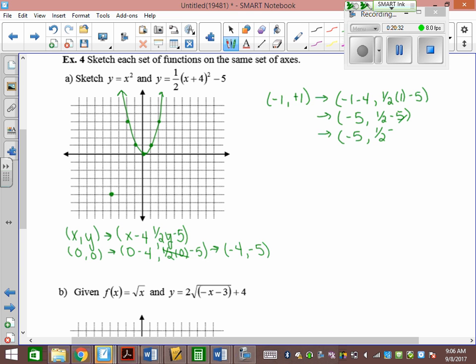So you times by 2 over 2, so it'll be 10 over 2. So you get -5 and -9 over 2, which is -4.5, which makes sense because if you take -5 and add 0.5 to it, you get -4.5. So we're at -5, 1, 2, 3, 4, 5, and -4.5.